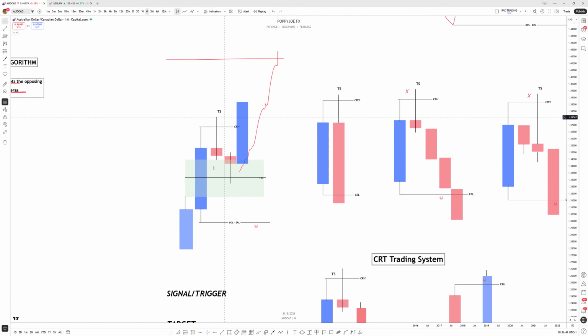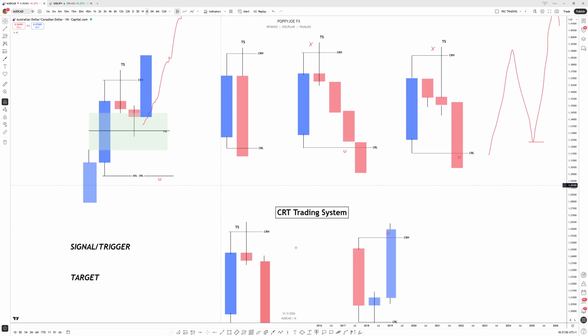So in this kind of situation whereby we have a fair value gap in between, which is the internal range liquidity, and you were expecting price to trade to your low, which is this point here, the 50% here can stand as a target to reverse price to continue going higher. Do you understand? So just take note of that.